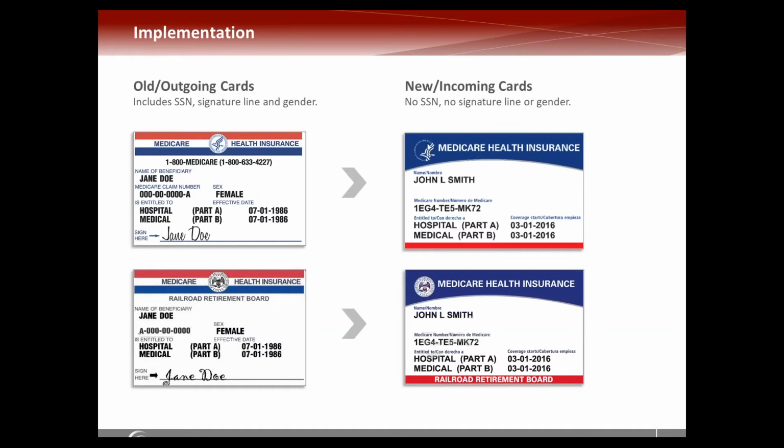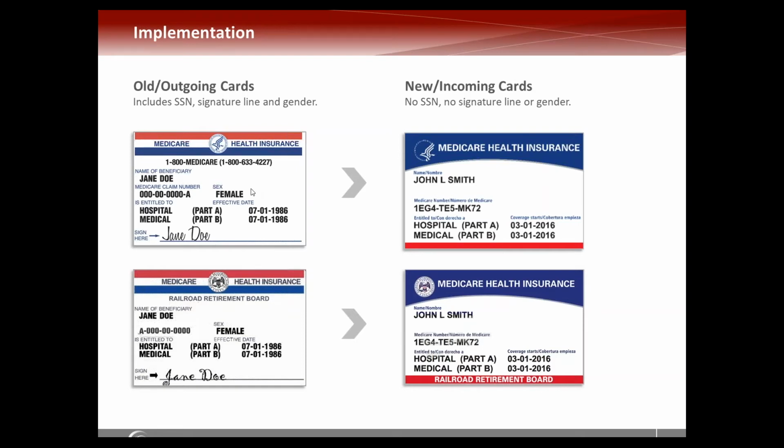So some obvious changes. One, there's a difference in design between Medicare old and Medicare new. Here's where you have your HICN, which is again Social Security based, and replacing it is your MBI, which is again a combination of numbers and letters all in uppercase.